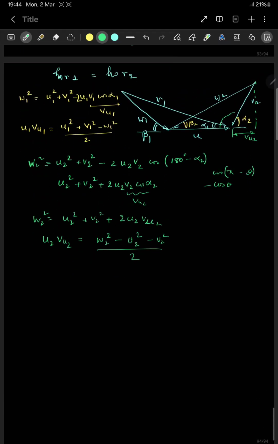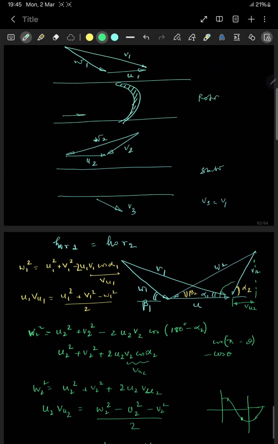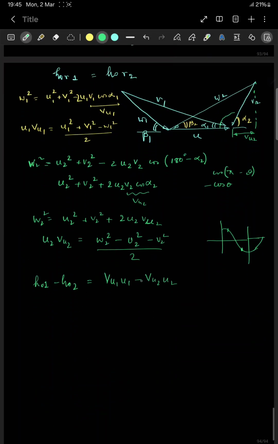Now this is very important: because it is a turbine, h01 minus h02 is vu1 u1 minus vu2 u2. This is the usual case, but since the direction of v2 reverses, this will be plus.